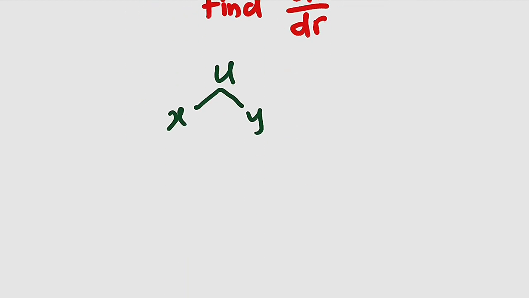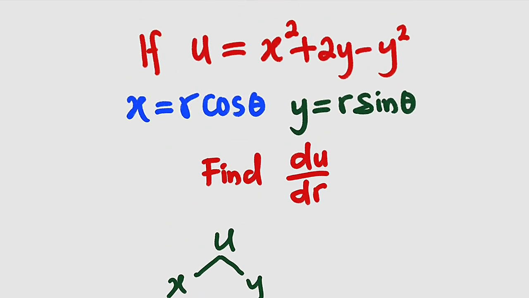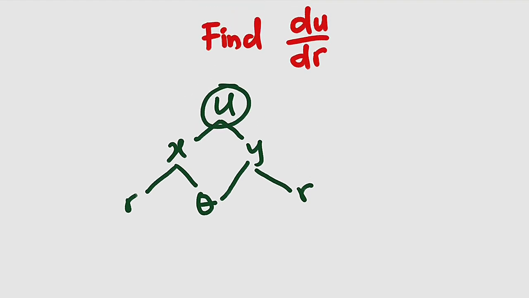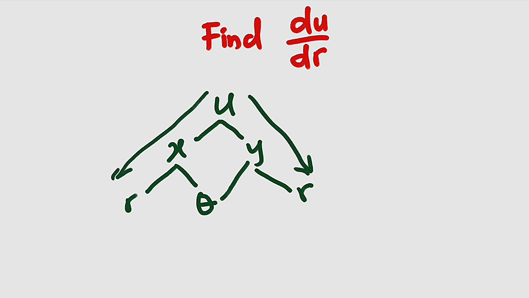Y also depends on r and theta. So you want to find the different channels we can get from u down to r. We can follow this direction as well as this other direction.